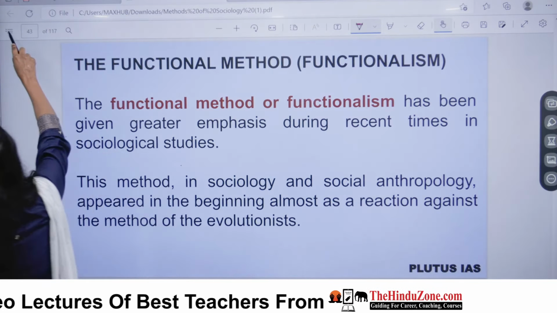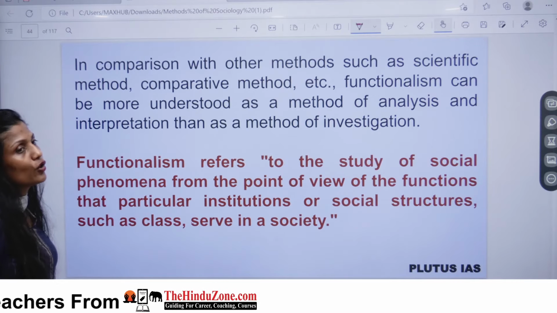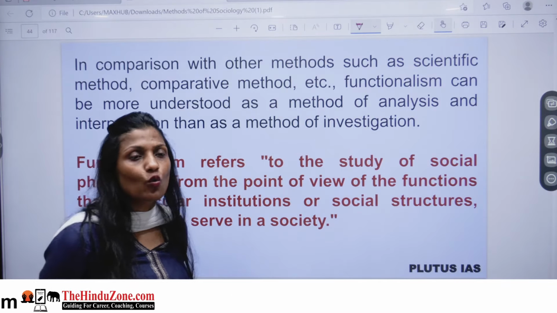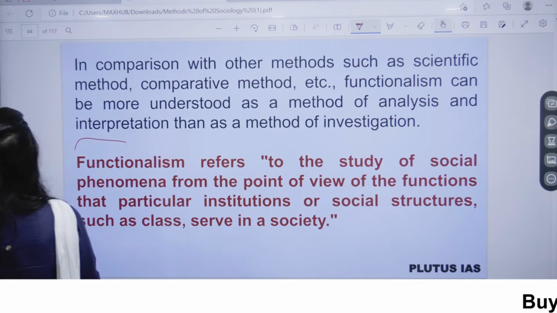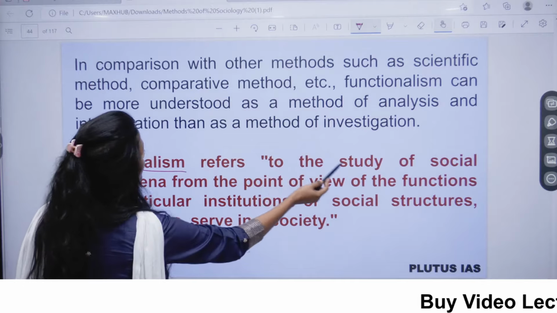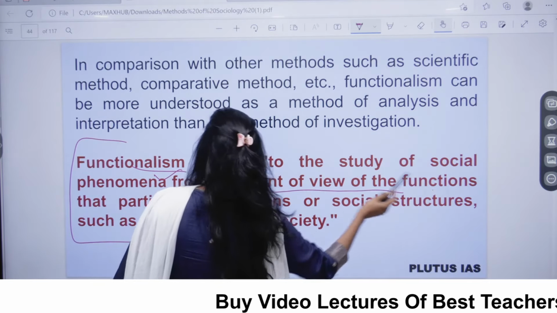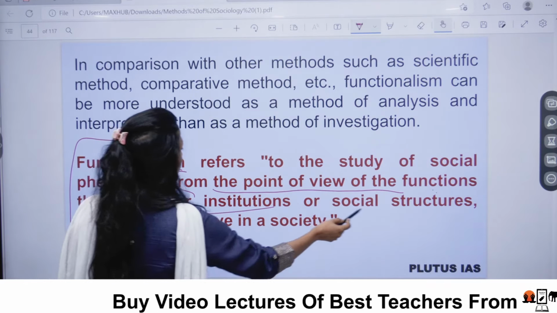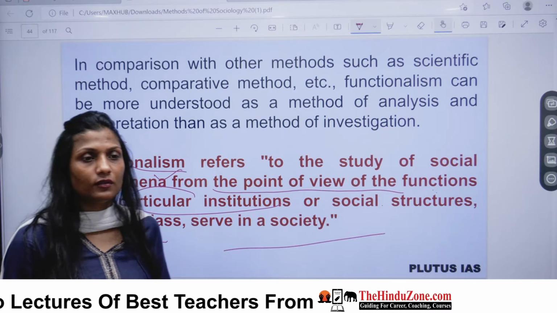In this, we understand phenomena with respect to functions. Please write down this particular point. Functionalism refers to the study of social phenomena from the point of view of the functions that a particular institution or social structure, such as class or caste, serves.